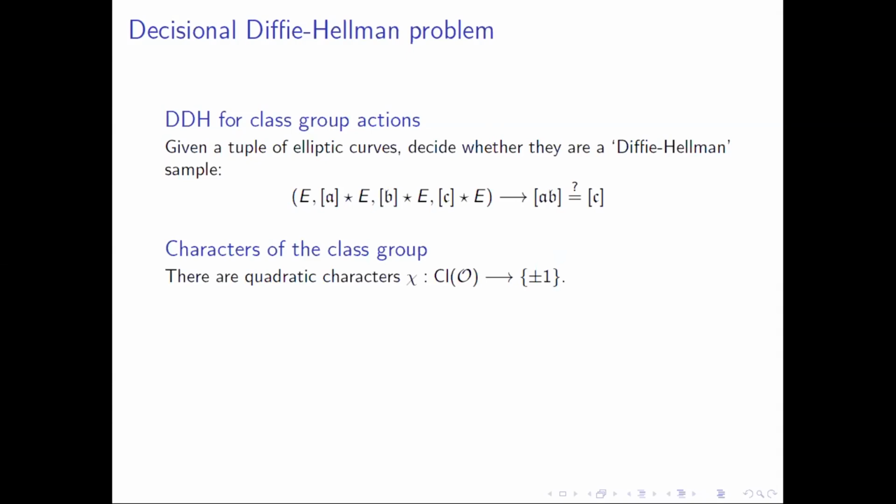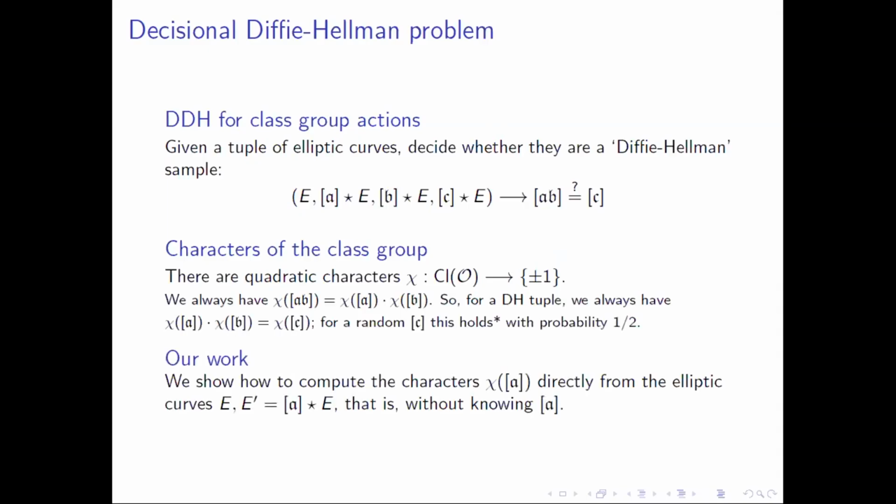So what we do is that we use these characters that are known for the class group and are kind of easy to compute on the class group, and we show how to compute them directly from elliptic curves without knowing anything about the ideals.